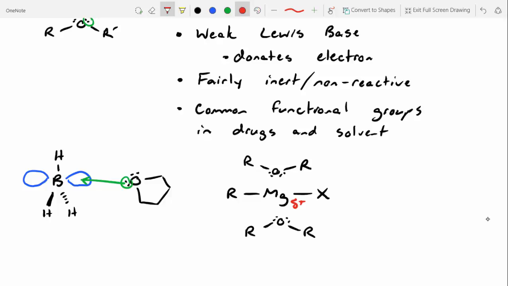In fact, it's almost cationic. And this carbon's really, really electronegative. So again, this lone pair from the ether can help stabilize the magnesium in a Grignard reaction and allow this reaction to occur. In fact, you really don't see Grignard reactions take place outside of ether solvents. So they're really important for that.